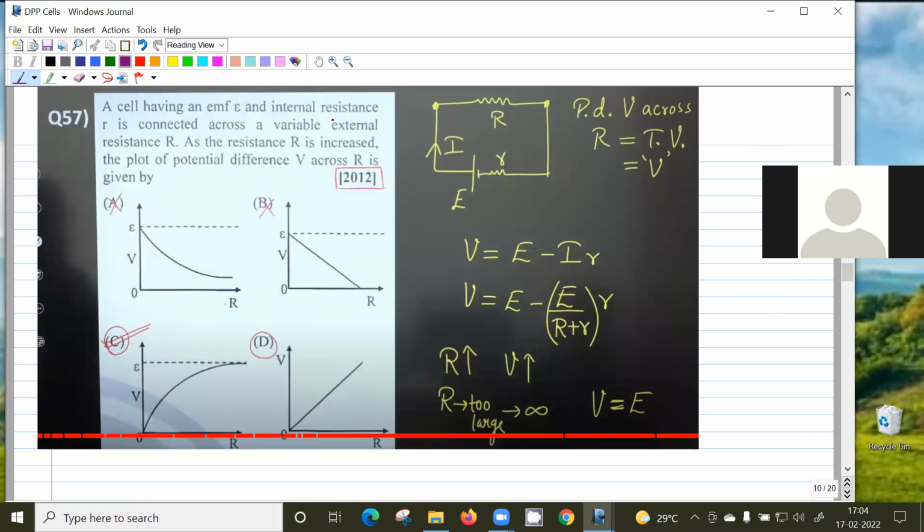You have a cell with EMF E and internal resistance r, connected to a variable external resistance R. As R is increased, what happens to the potential difference across R? This is also a mathematical question. Try this one.